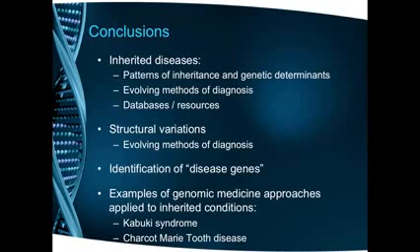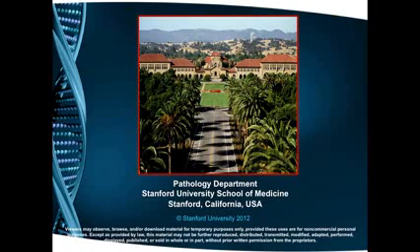We discussed structural variations and how the diagnosis of those actually evolves, and then the traditional identification of disease genes, as well as the new next generation approaches specifically targeted on whole exome analysis in Kabuki syndrome and on finding the gene by whole genome analysis in Charcot-Marie-Tooth disease. With that, I'll be happy to answer any questions, and thank you for your attention.